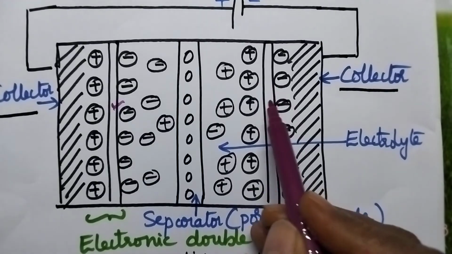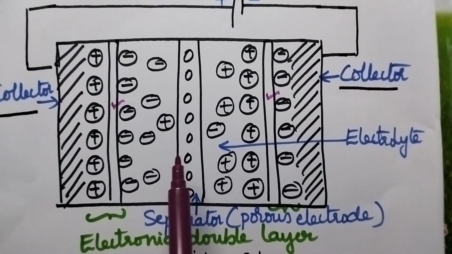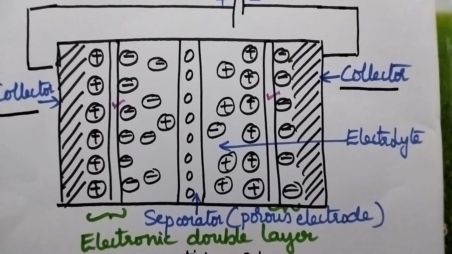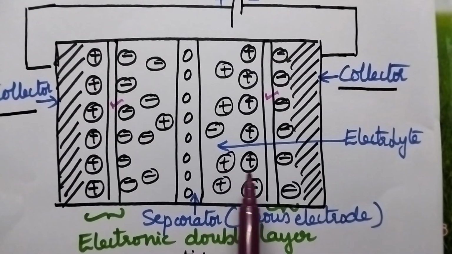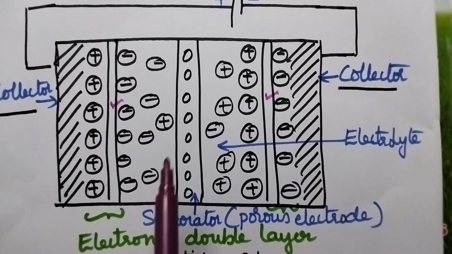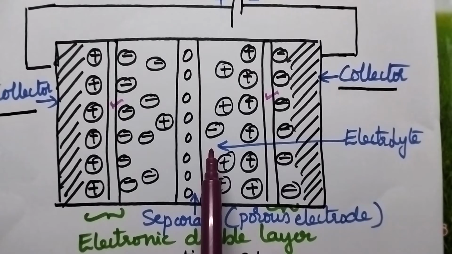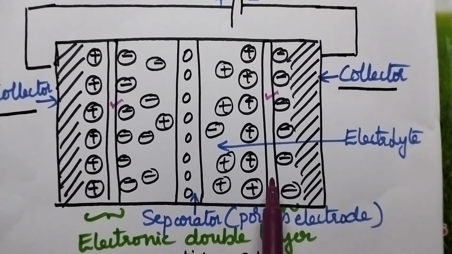In general, these electrodes are made up of carbon or charcoal powder, and the electrolytic solution consists of both positive and negative ions. As a result, an electronic double layer is created at the cationic and anionic chambers, and hence the electrical energy is stored electrostatically.